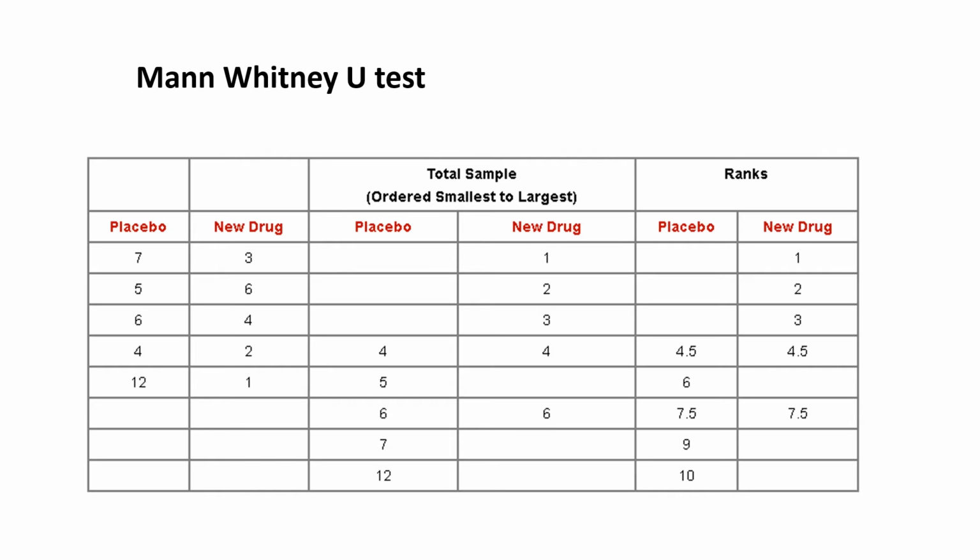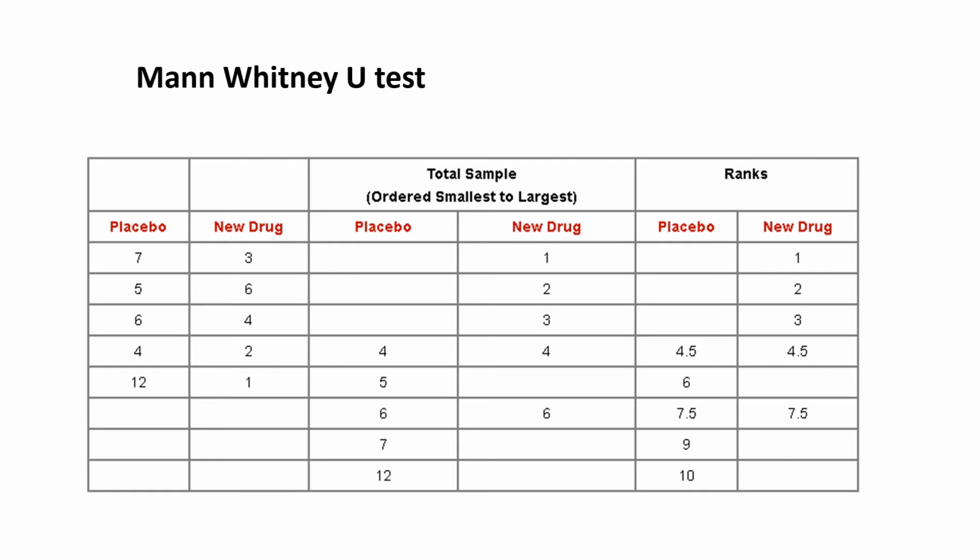Then you have to put the ranks. 1 is new drug, so rank is 1. 2 is also new drug, rank is 2. 3 is also new drug, rank is 3. 4 is there for new drug and placebo. So the 4th rank and the 5th rank are there, and we take the average of that, that's why 4.5 and 4.5.